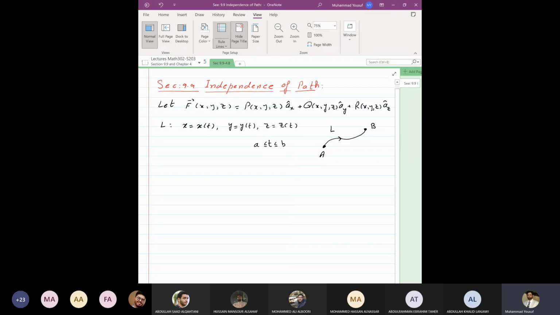When t is equal to a, we get the starting point A. When t is equal to b, we get the ending point B.